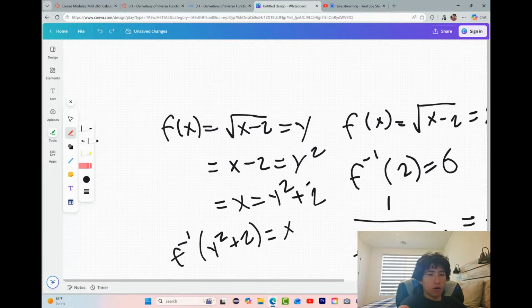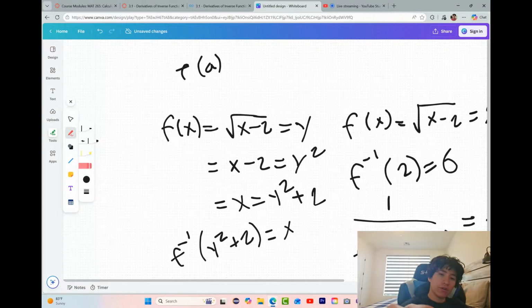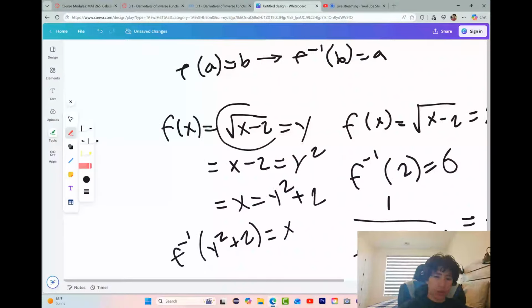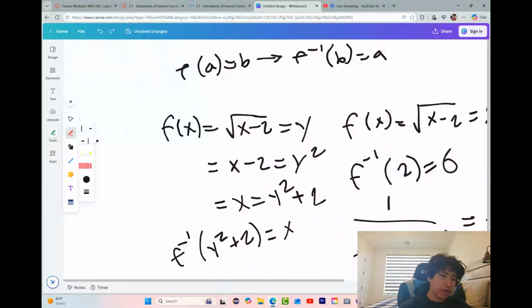All right. So okay. Wait, hold on. So if I have f of a equals b, I know that f inverse of b equals a. So I know that x equals this. Oh, I see. Okay. I think that this is incorrect.